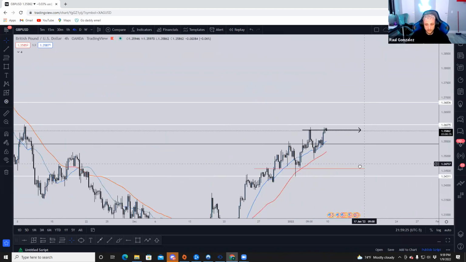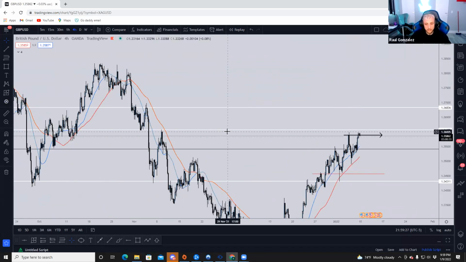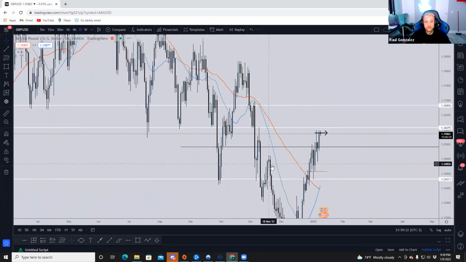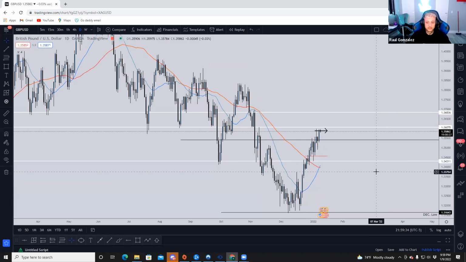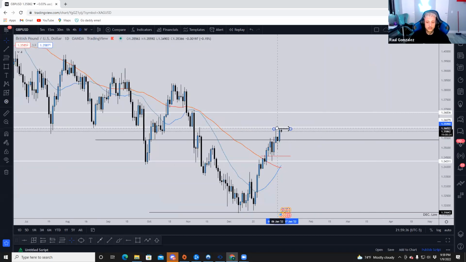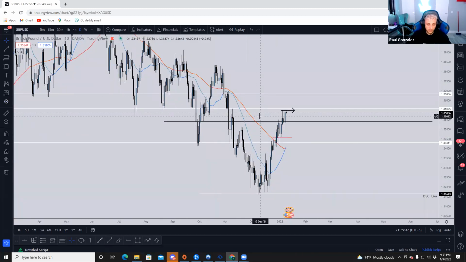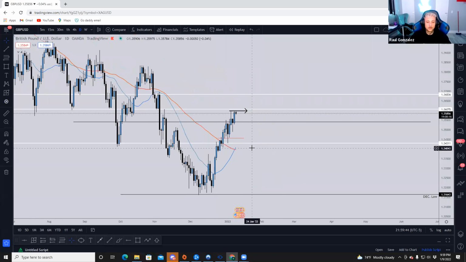There's even this structure here that it's rejecting. I'm staying away from GU because it's going to do one of two things. Notice how it's trading at its previous high up here, where we have this major level of support, and it's still in a bearish structure on the weekly, so it could start going down from here.